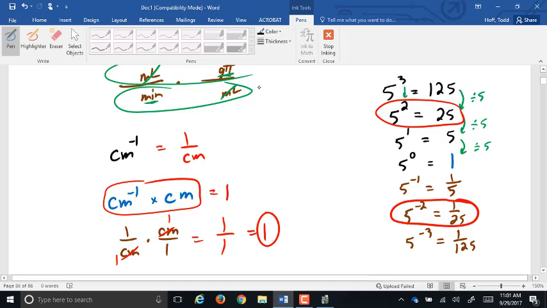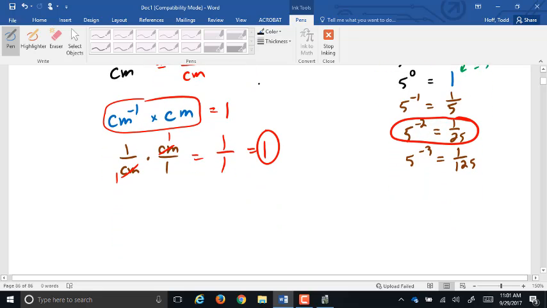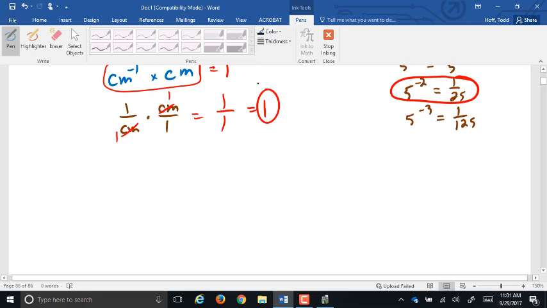I use that example, centimeters to the negative 1, because there actually are places in physics, in chemistry, where a length to a negative power does occur. Elastic modulus, and Young's modulus, and stuff like that, you do get negative exponents on a length.